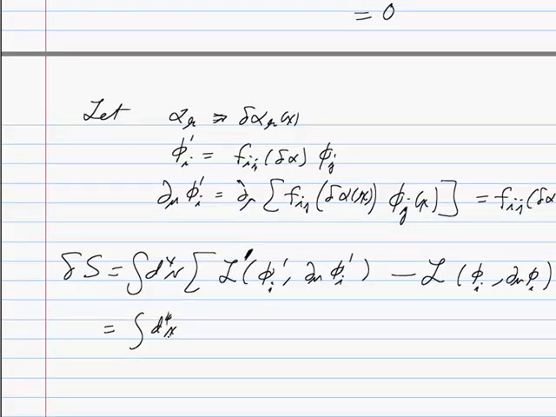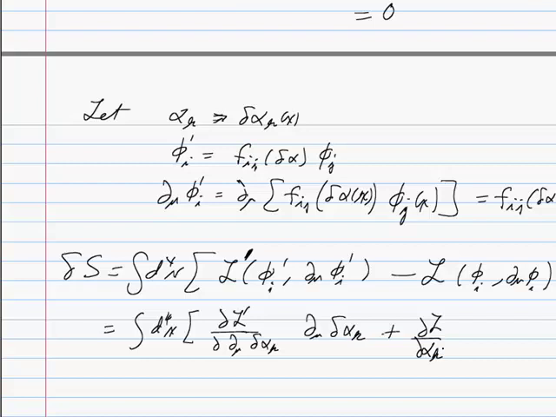It's the integral d4x of the variation of the Lagrangian with respect to d mu delta alpha k times d mu delta alpha k, plus the variation of the Lagrangian with respect to alpha k, delta alpha k.